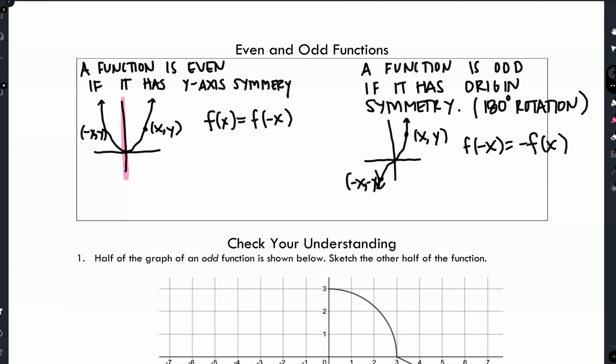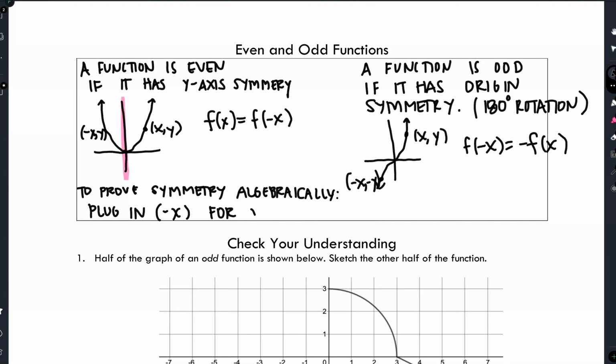All right, so to prove symmetry algebraically, plug in, so you'll plug in negative x into the function and simplify.